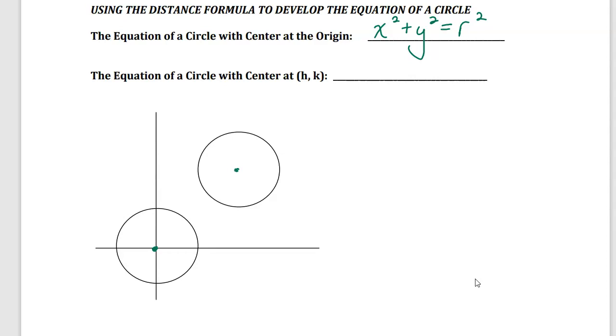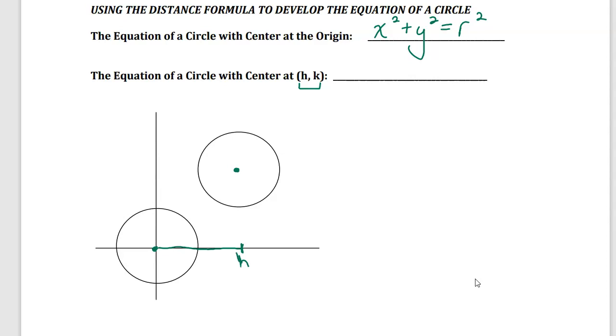Now, when we shift the circle somewhere, that means that the center of my circle has shifted. So that means that the x value of the center of my circle has shifted over here to my h value.